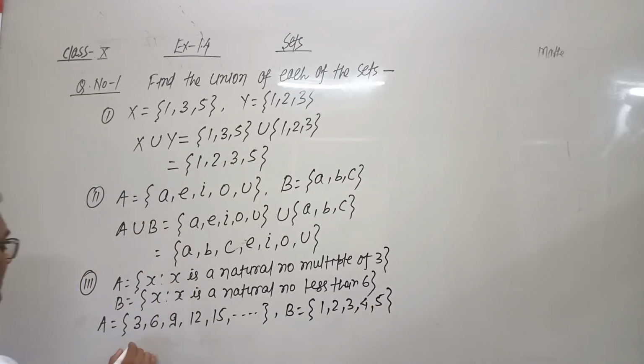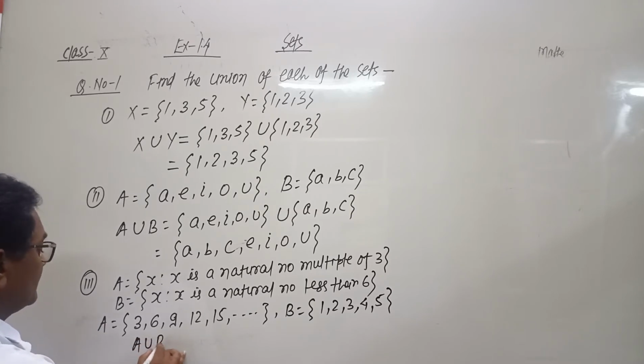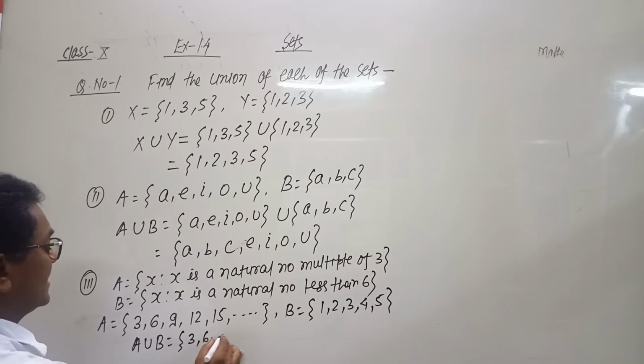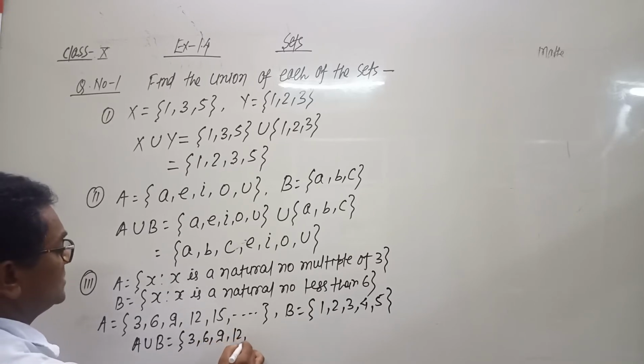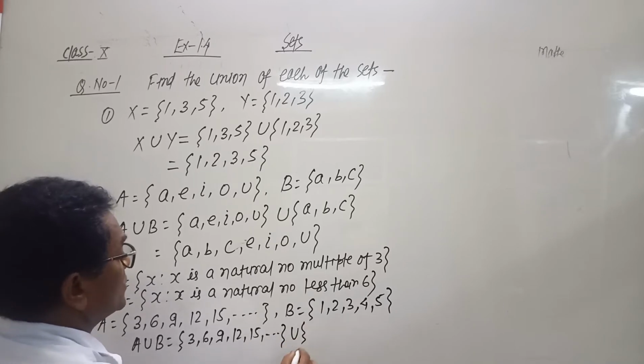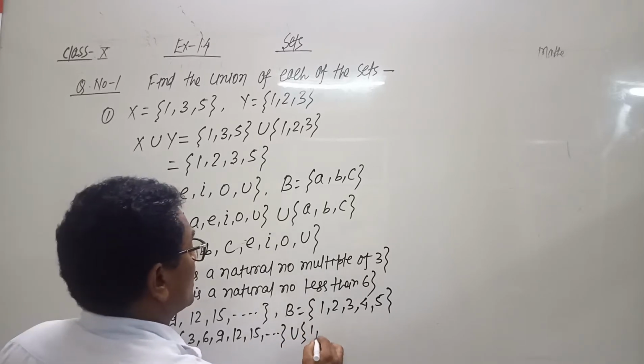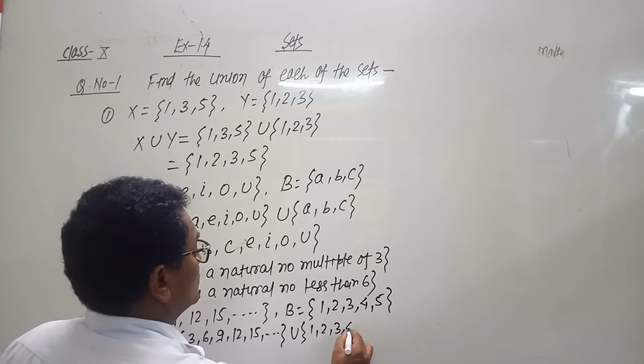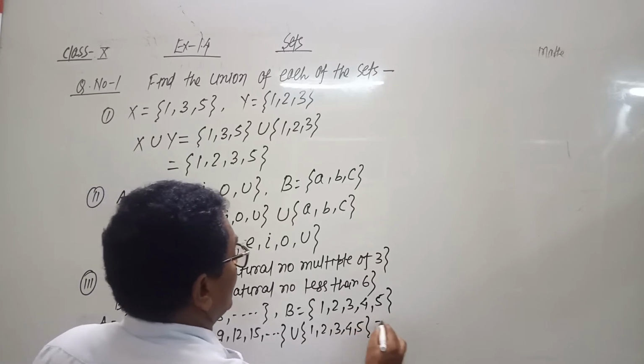Then we will find A union B. So set A is 3, 6, 9, 12, 15 and so on, union the elements of set B, 1, 2, 3, 4 and 5.